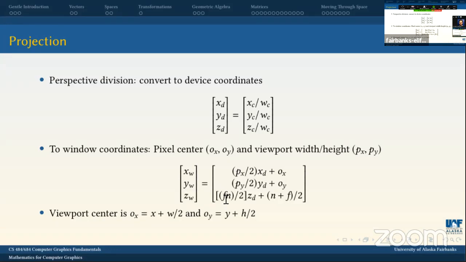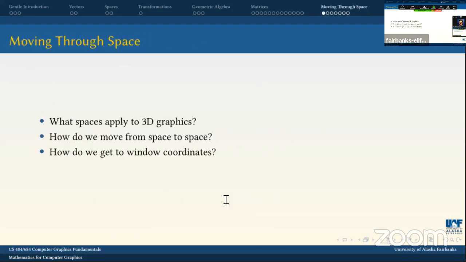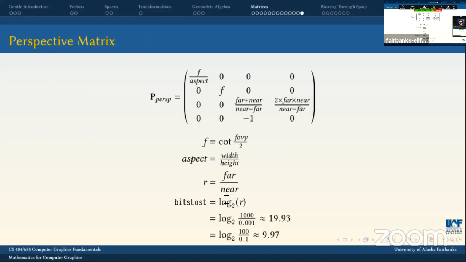If we look at our projection matrix, and the way this is going to behave, this last column is what's going to form our z coordinate. So 0 times x would be 0, 0 times y would be 0. This times our z coordinate is going to map it between 0 and 1.